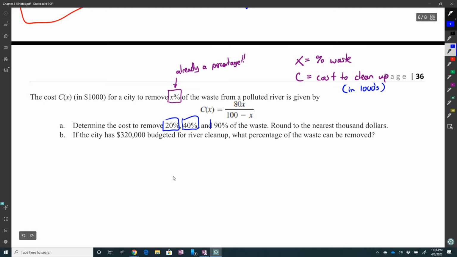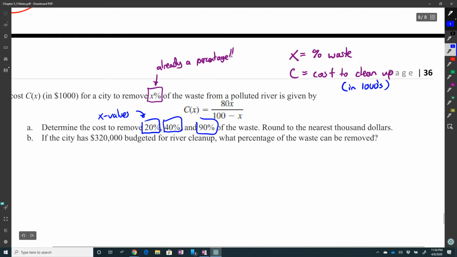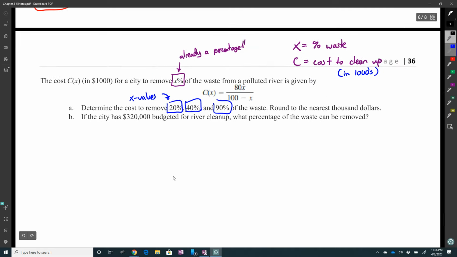This is where I would ask the class, what is this? Well, these are percentages. So that means that these are X values. And so all they want you to do is plug in X values. So part A is just find C at 20, C at 40, and C at 90.